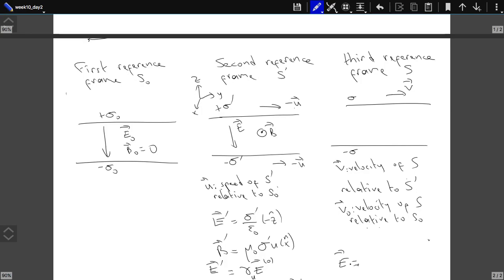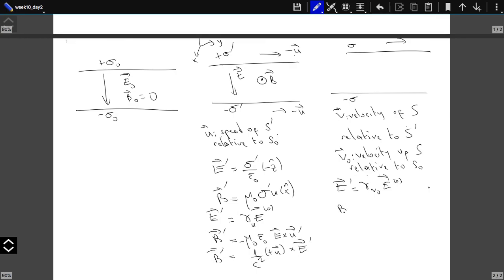Well, since it's moving with a velocity V0 relative to S0, I already know how the transformation from S0 to that new reference frame is. E prime will be equal to gamma V0 E0, and B prime will still be 1 over c squared V cross E. There are no primes in this one.